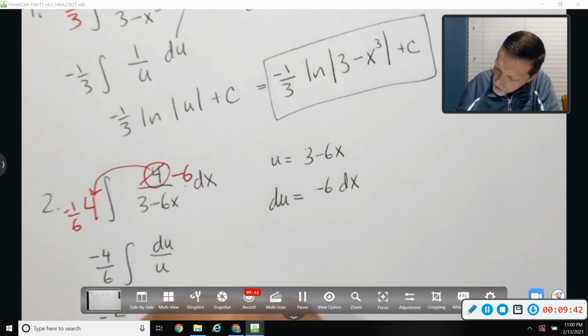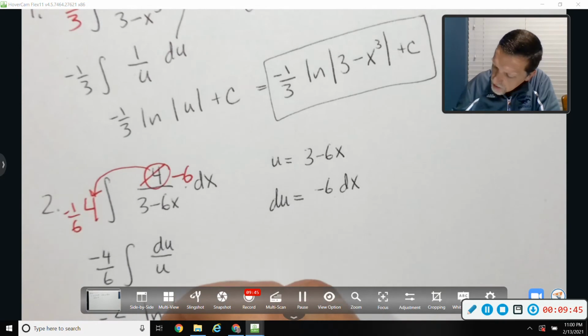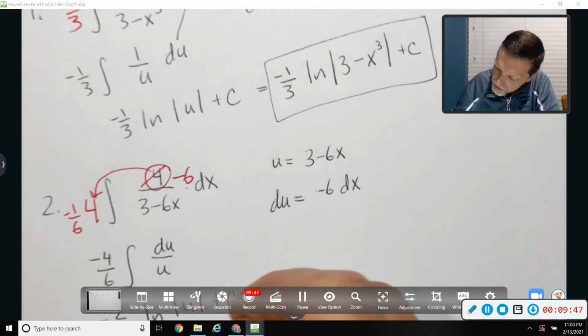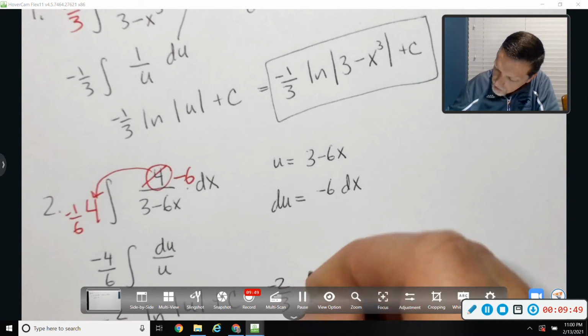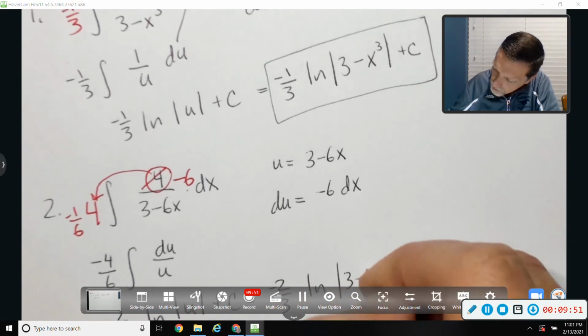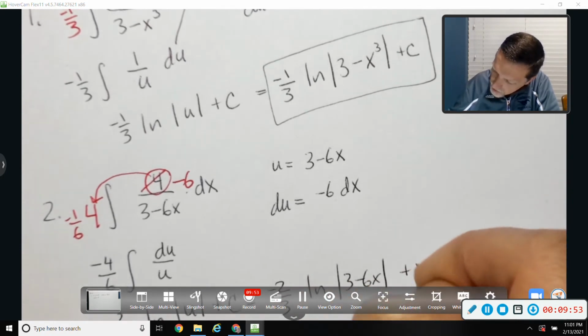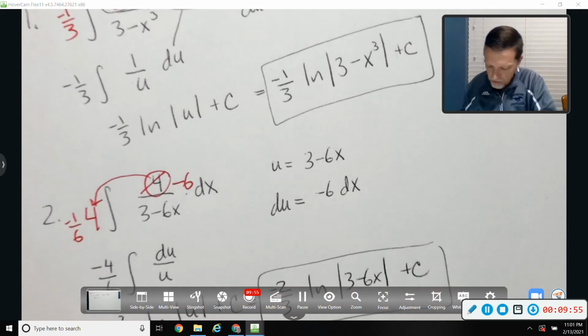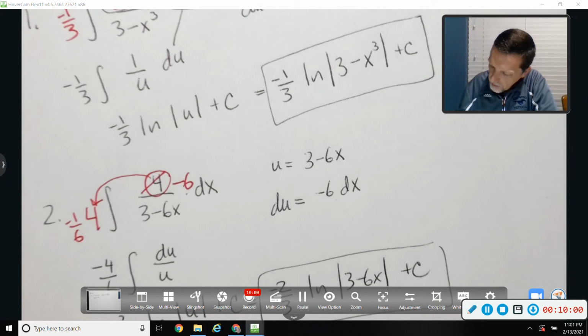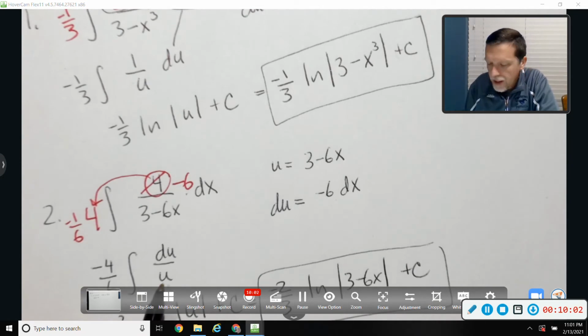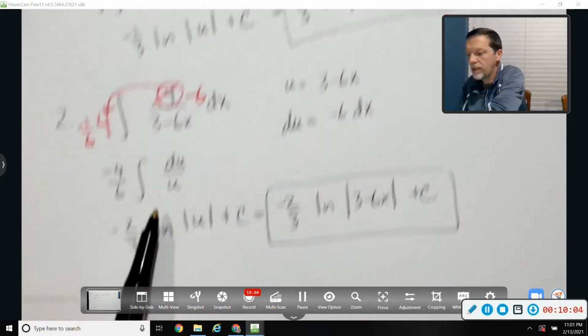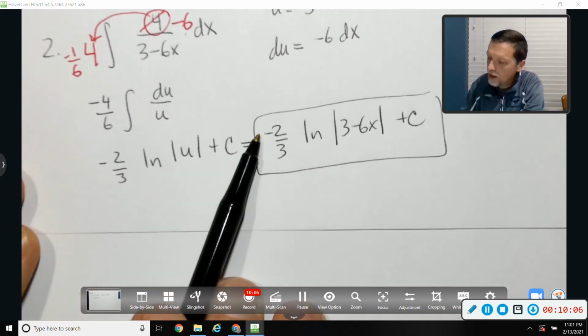So negative 2/3 natural log of the absolute value of u plus c. Negative 2/3 natural log of 3 minus 6x plus c. Again, you've got to get to the point where you recognize that du over u becomes natural log.